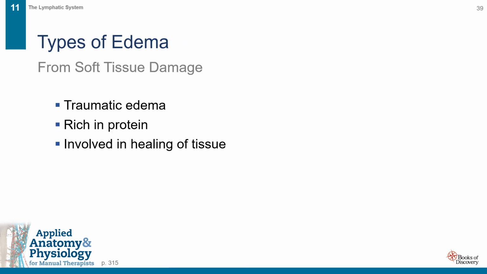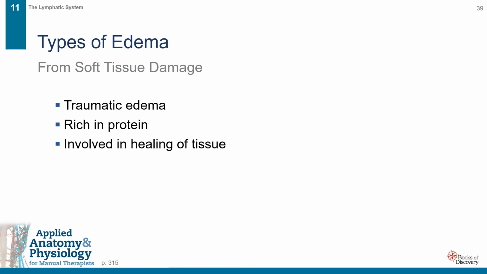Now let's discuss the types of edema that are caused from soft tissue damage. The localized and temporary swelling associated with soft tissue injury is known as traumatic edema. This edema is rich in protein due to the volume of plasma and intercellular proteins being spilled into the interstitium from the damaged tissue.